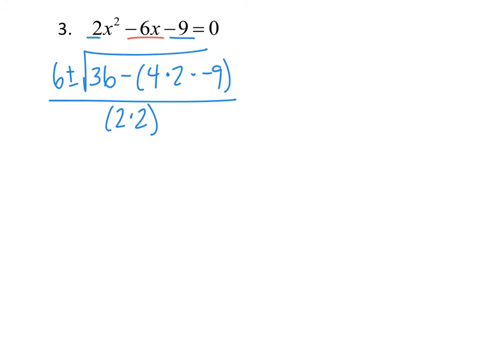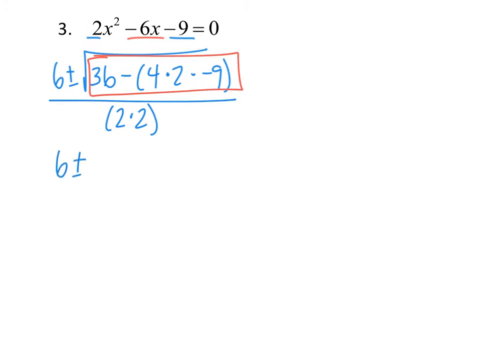All right, so then, like I've said, this highlighter's a lot darker. We want to put just the part under the square root into the calculator. So 36 minus, and then parentheses 4 times 2 times negative 9 is 108.